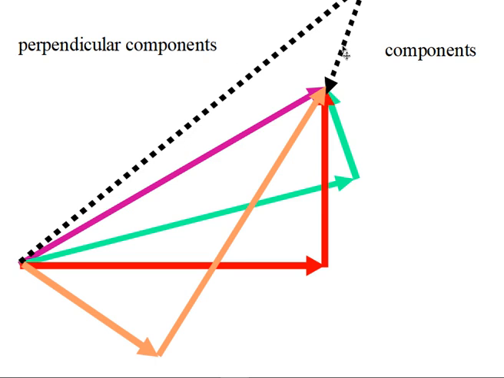These two are components, but they have no use to me in problem solving. So when we talk about components, we always mean a pair of components which add up to the vector and are perpendicular to one another. Not to the vector they're adding up to, but the two components are perpendicular to one another.